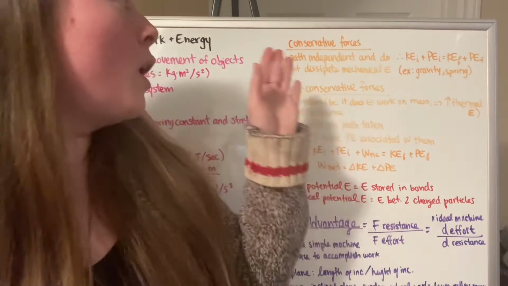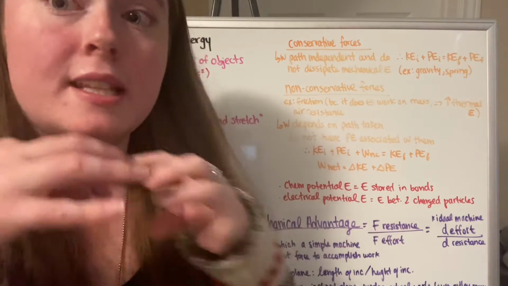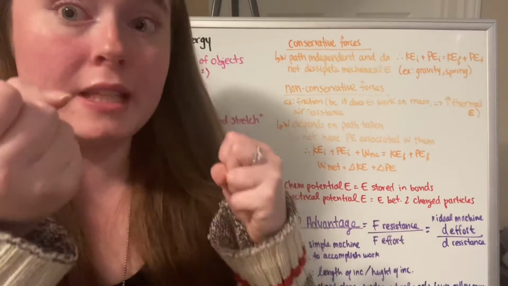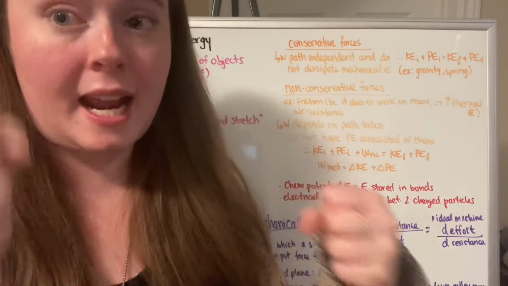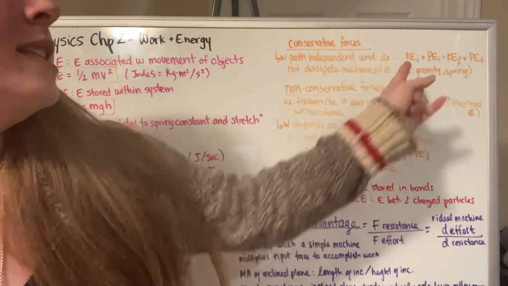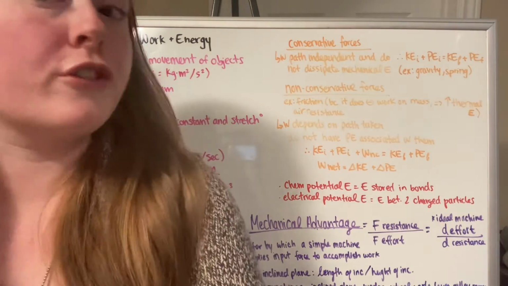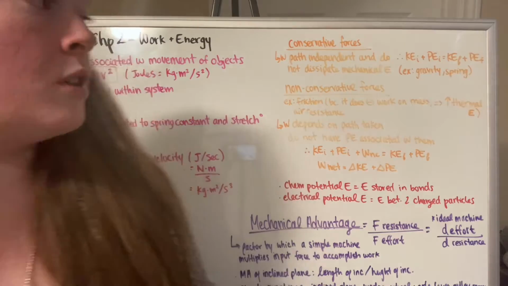Because when you are looking at conservative forces, there's nothing that's lost. So yes, the energy will change forms, but what you have at the beginning, you'll have at the end, whether that be in kinetic or potential energy. So that is important for conservative forces, is this equation, because you're not losing any energy when this occurs.